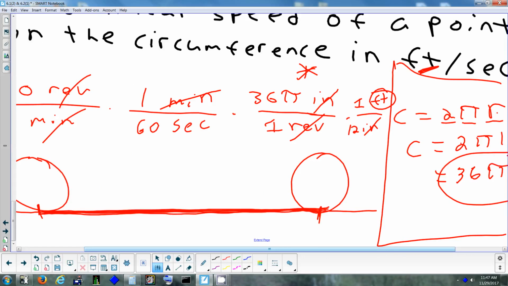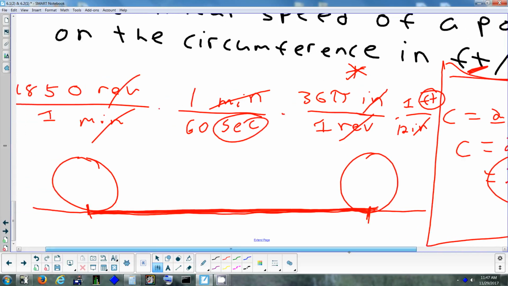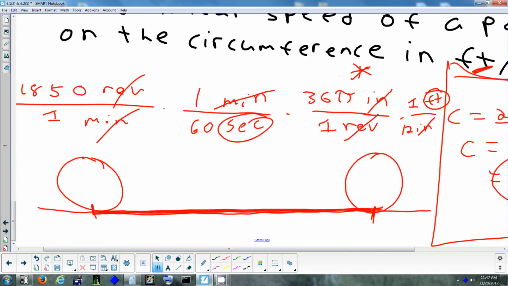What's the only unit left in the bottom? Seconds. That's exactly what they want, feet per second. So I'm not going to do it, but you just go through and multiply 1850 times 36 times pi divided by 60 and then divided by 12. And whatever you get, that would be the speed.